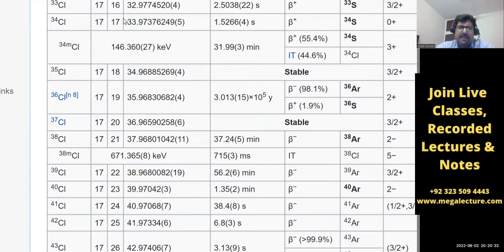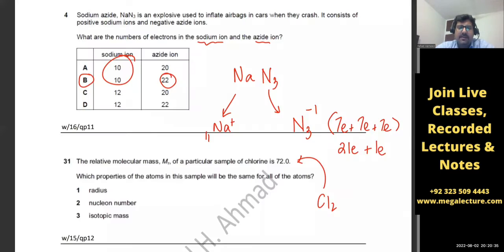Anyway, we were wasting time on this. What is important is chlorine has two isotopes. One is Cl-35 and the other one is Cl-37. We will study it in detail later when we do mass spectroscopy. Right now we haven't done that. Now if the chlorine molecule has a mass of 72, what does that mean?